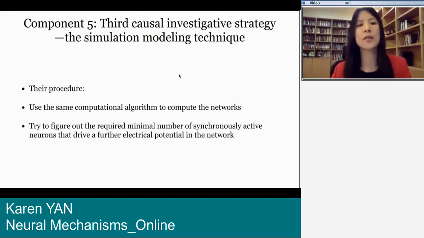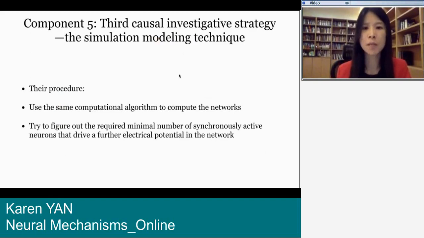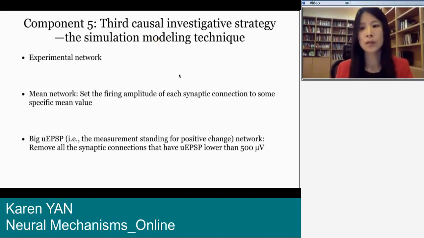The procedure is that they use the same computational algorithm to compute the network. They try to figure out the required minimum number of synchronously active neurons that drive a further electrical potential in the network. So the result is that for the actual network, or experimental network, they found that you only need roughly 30 layer 4 neurons. For the Ming network, you actually need double the number.